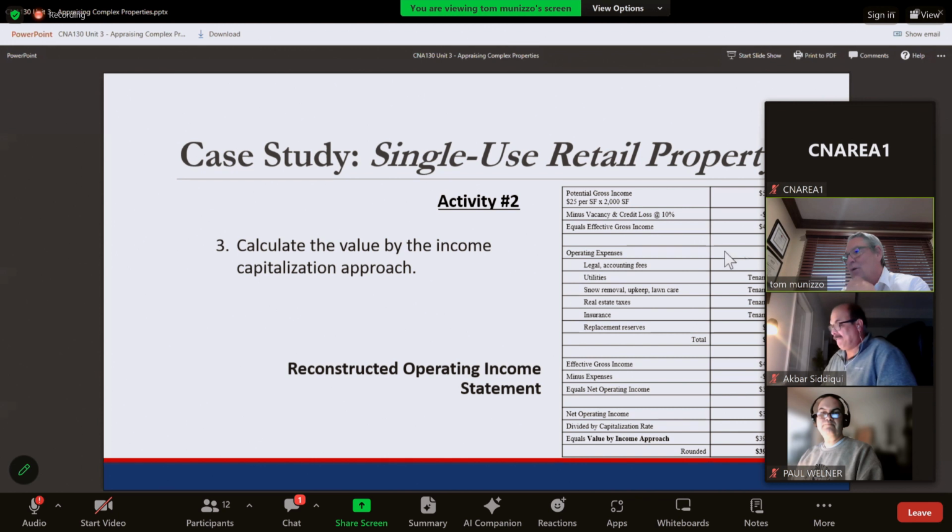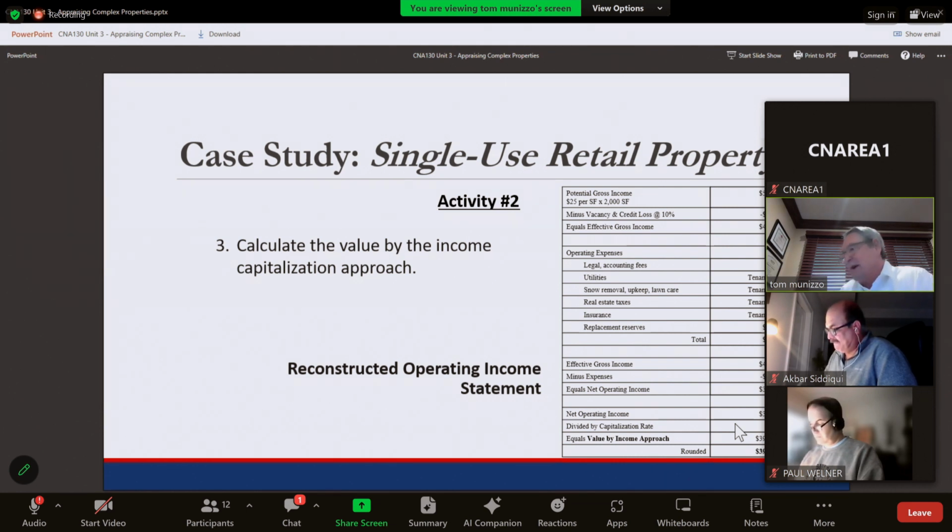So our total fixed and variable expenses are $750 plus $5,000 for a total of $5,750. We take that off of the effective gross income, which gives us our net operating income, $39,250. We divide that by the 10% capitalization rate, which gives us a value of $392,500. Simply, let's round it to 393.